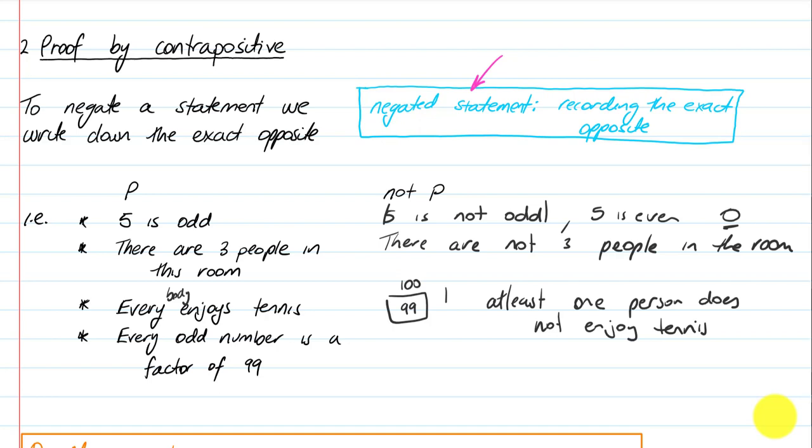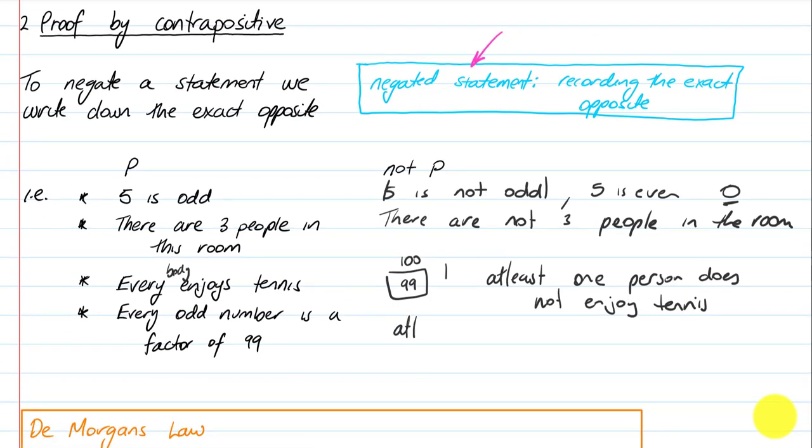Every odd number is a factor of 99. It's the last one I want to talk about. Every odd number is a factor of 99 has a negated statement that at least one odd number is not a factor of 99. Or you could even counter this one, not that you're trying to prove it, but this would be a good counterexample proof.